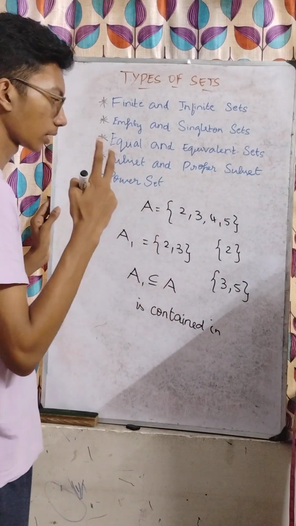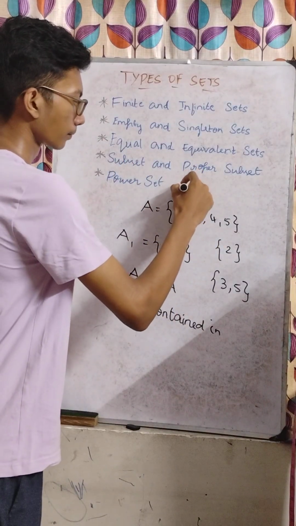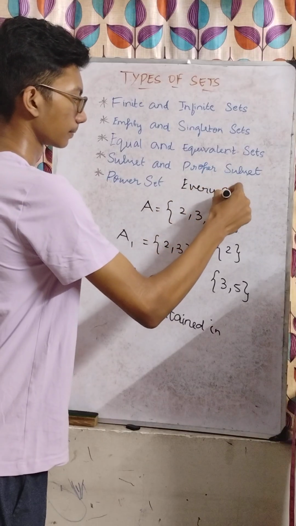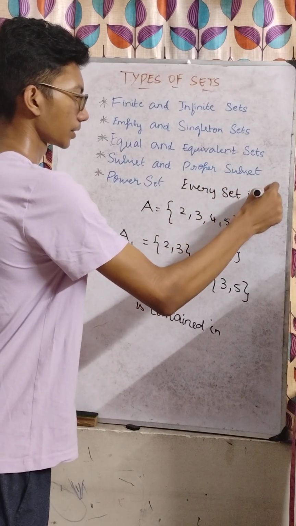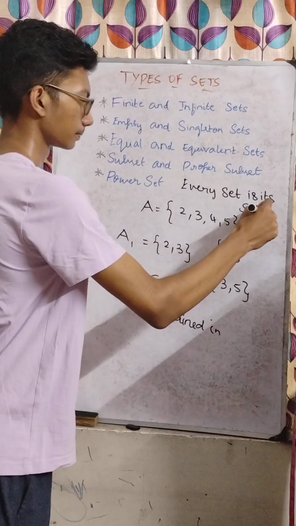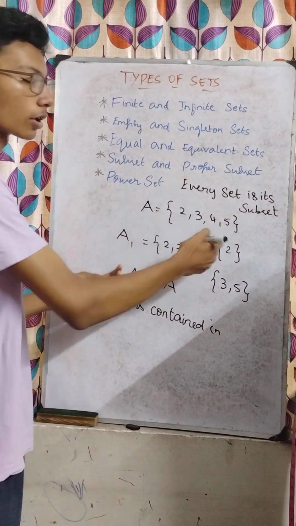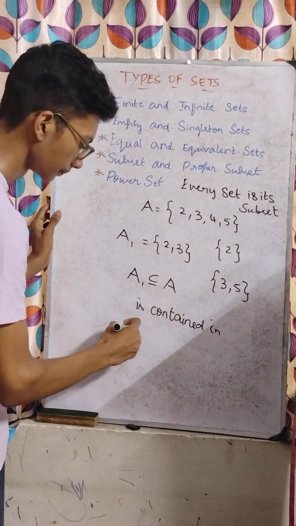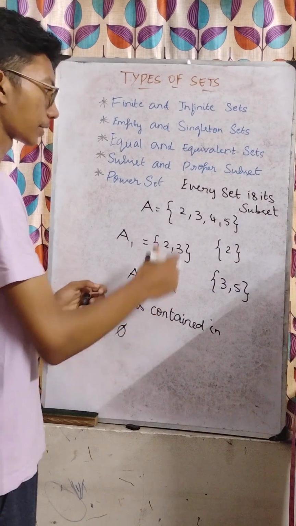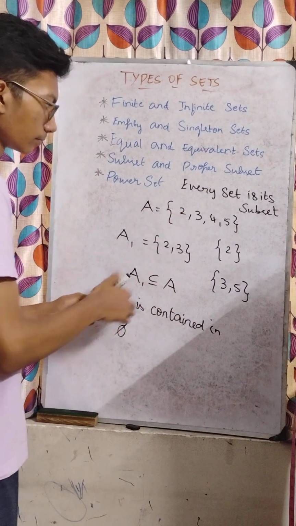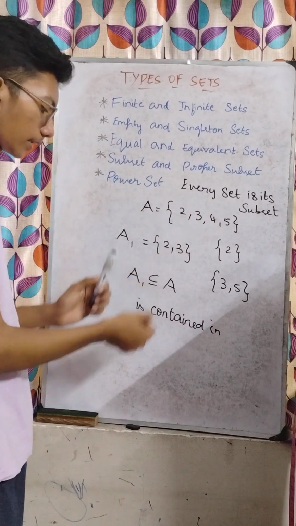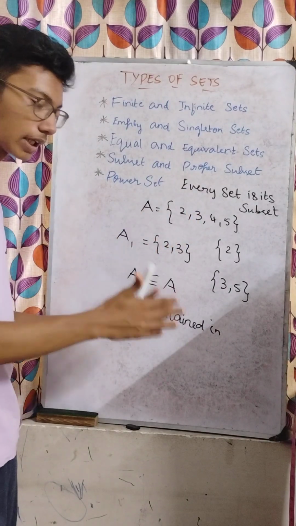So we have to keep two things in mind. Every set is its own subset. So every set, that is A, is a subset of A. Also, the empty set is a subset of every set, because you can take some elements, or we can take none of the elements.